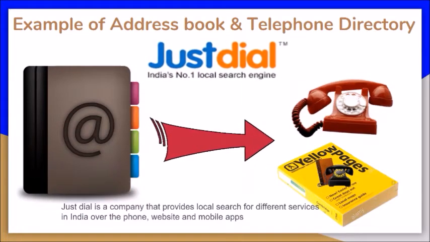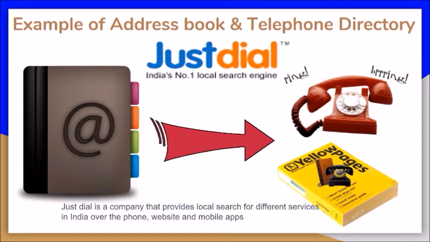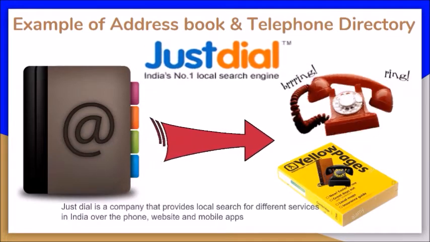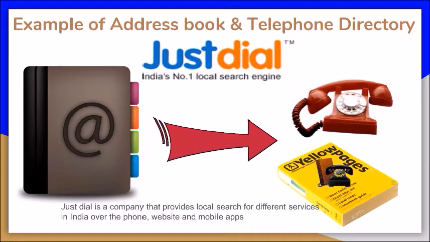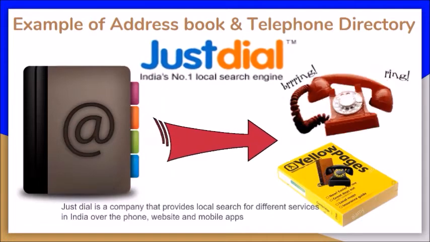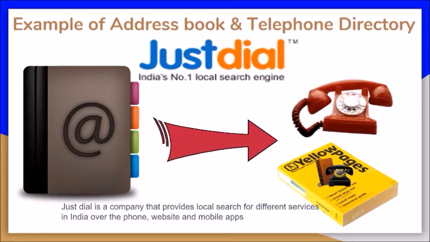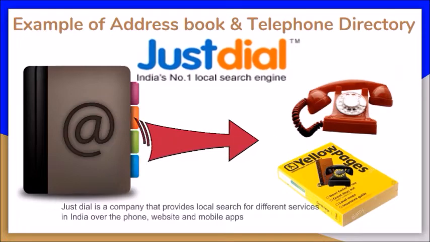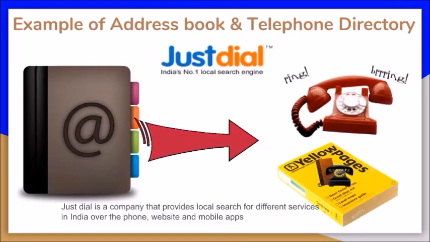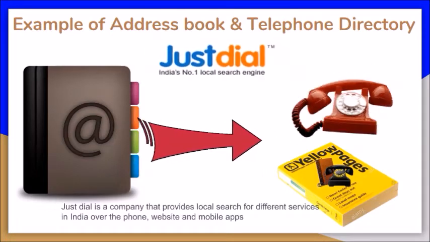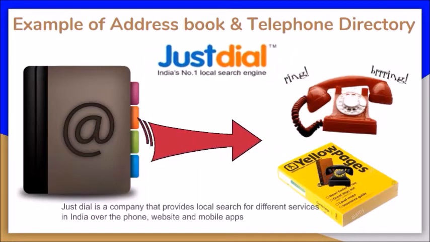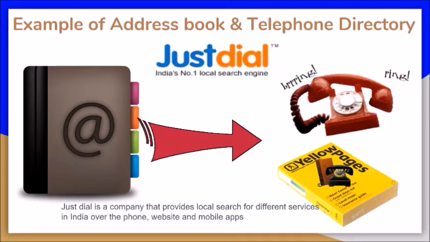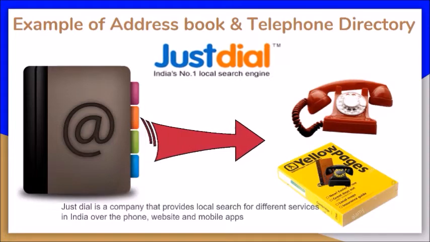The example, Just Dial, India's number one local search engine, where you can get all the information about different services in India over the phone, website and mobile app. Here we can get a contact number, address, then email ID and websites of the companies.